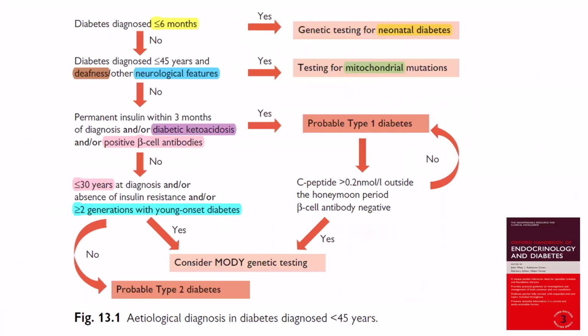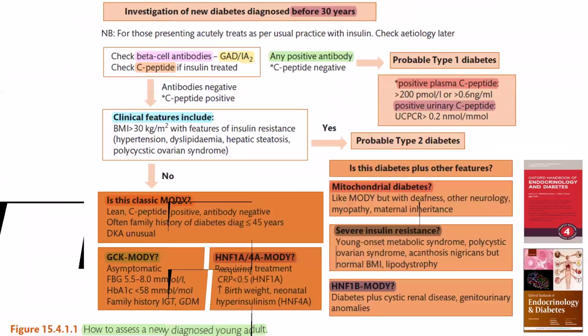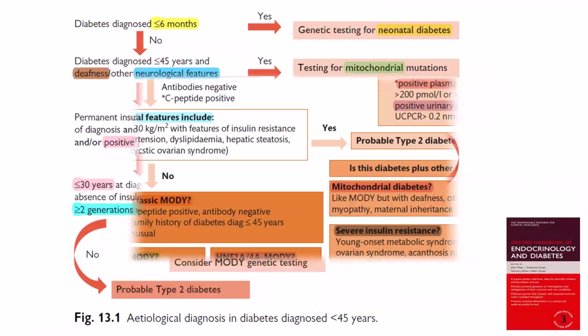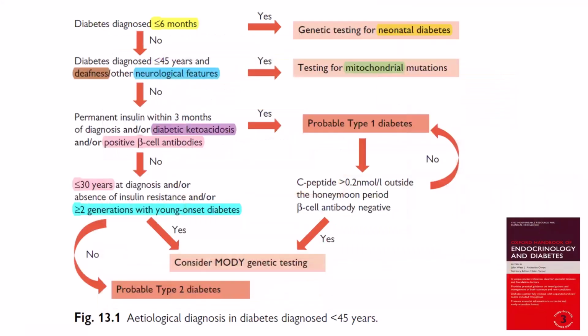This algorithm is very important, and this algorithm is from the 3rd edition of the Oxford Handbook, not present in the 4th edition. The 4th edition has a different algorithm. If diabetes mellitus is diagnosed in the first 6 months of life, this is neonatal diabetes mellitus.